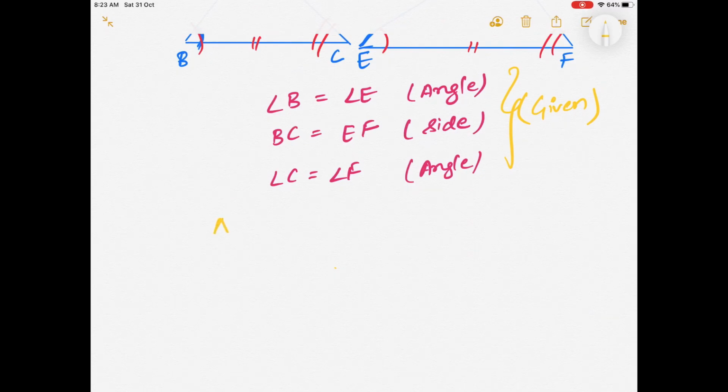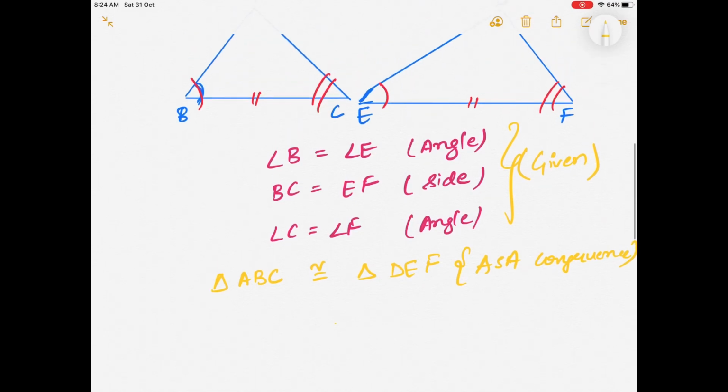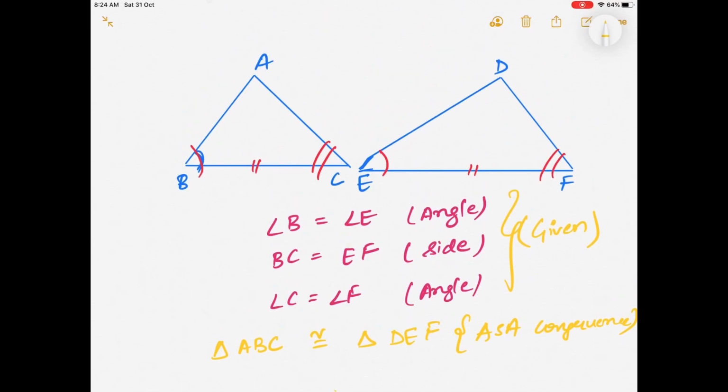So now triangle ABC will be congruent to triangle DEF. By which rule? ASA congruency rule. So after proving two triangles are congruent to each other, all the corresponding parts will be equal to each other.